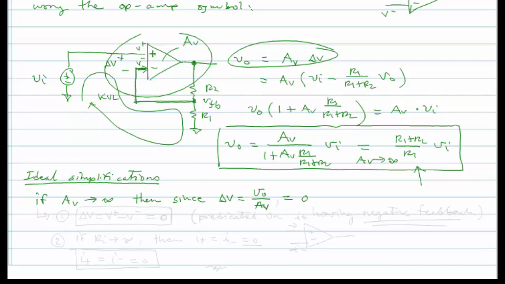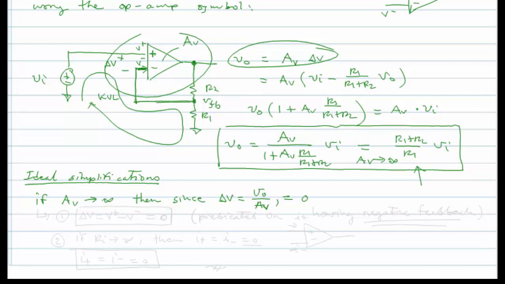If the gain is infinite, then because delta V equals V out over AV, and because V out is finite, that's what I was getting to when talking about the power supply rails. So, whether it's plus or minus 10 volts, plus or minus 100 volts, whatever those rails are, VO over AV, where AV is infinite, will give you a ratio of 0.